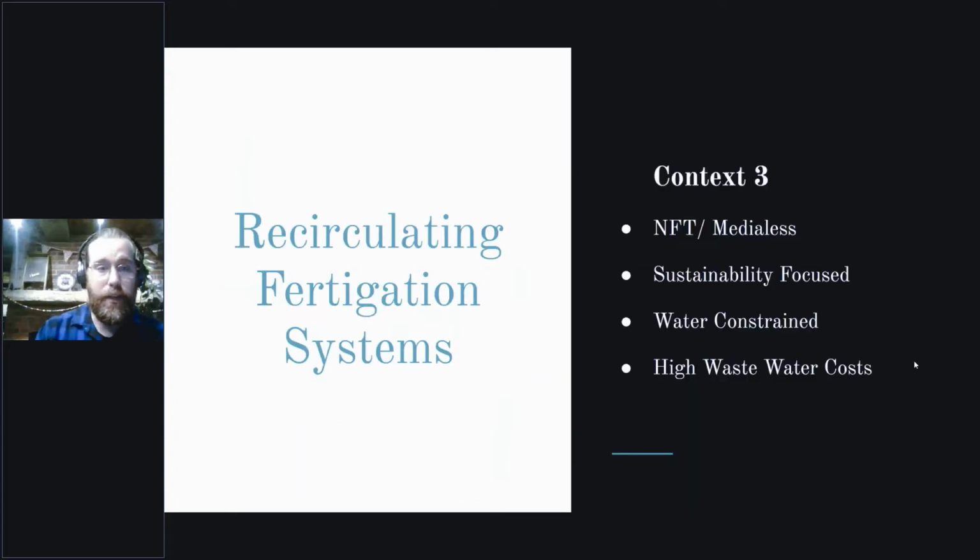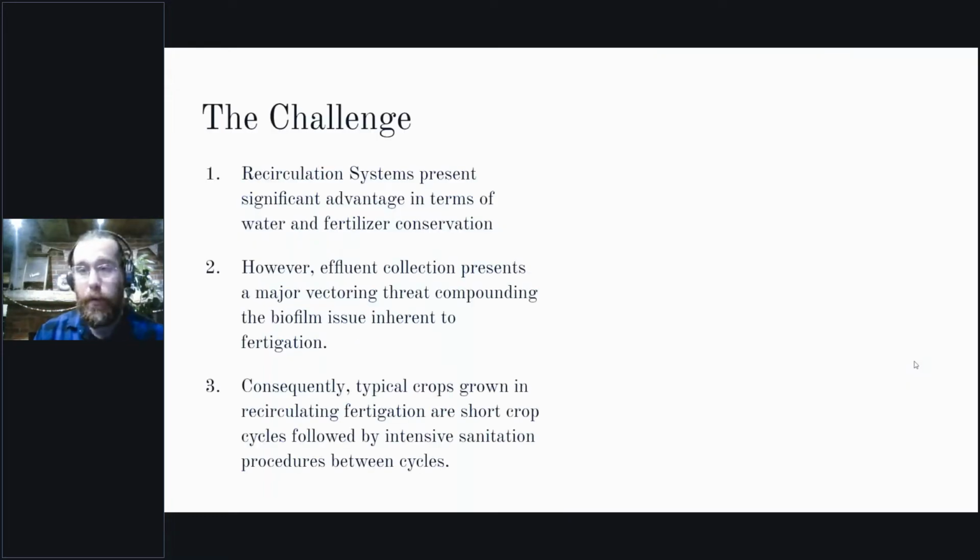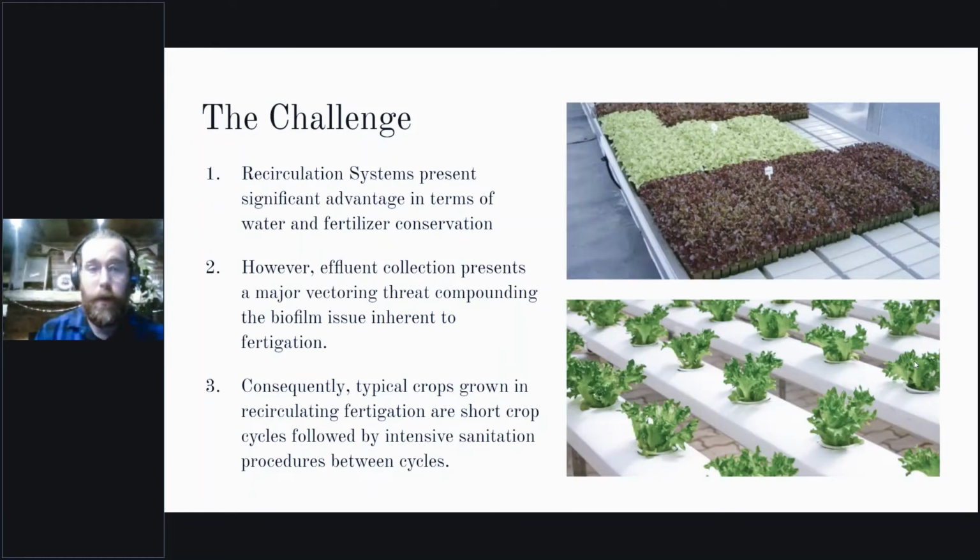So here's context 3, the recirculating fertigation system. So this would be a nutrient film technique or media-less system, for operators that are sustainability focused, water constrained, or those which may have high wastewater disposal costs. So these are really where industry is moving towards. However, effluent collection still presents a major vectoring threat.